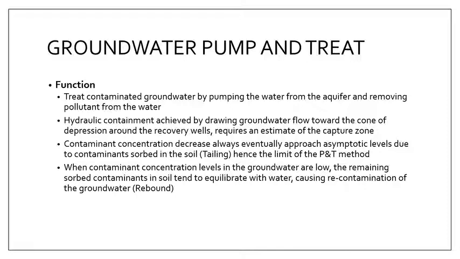Alright, although there's this phenomenon with pump and treat that the contaminant concentrations can only reduce to a certain limit. Alright, you will eventually just reach asymptotic levels of contaminant concentrations, meaning you can never completely remove the contaminants using groundwater pump and treat.